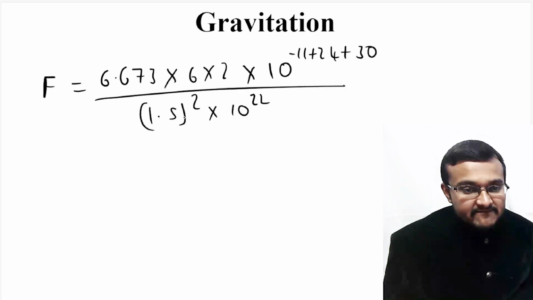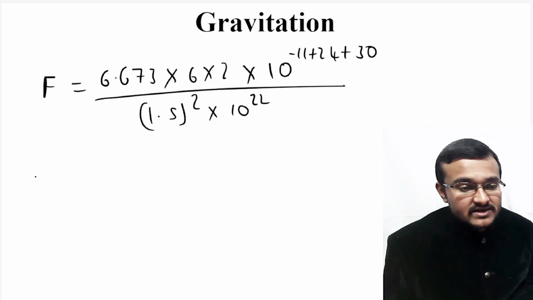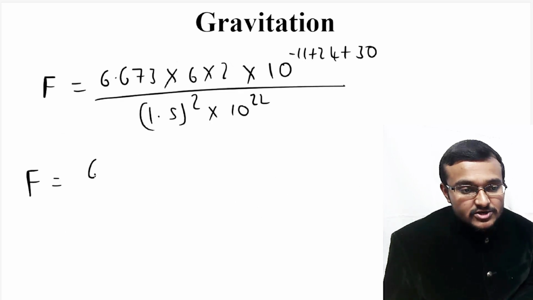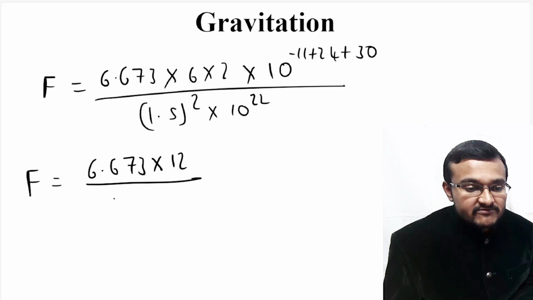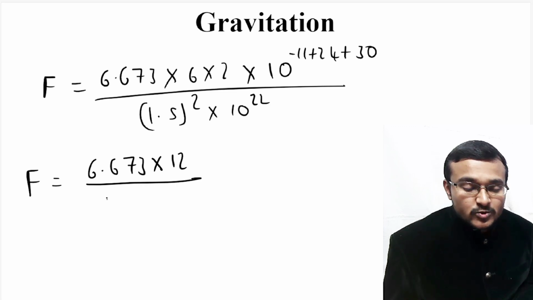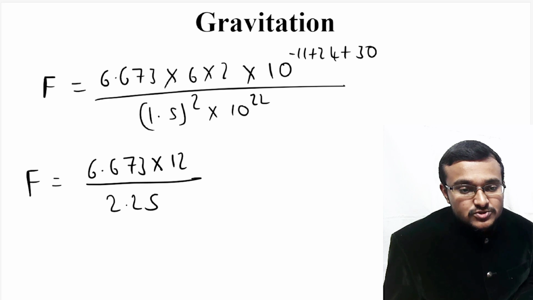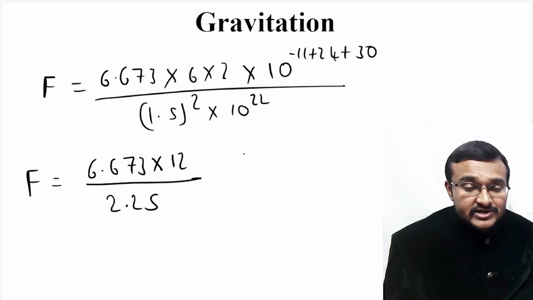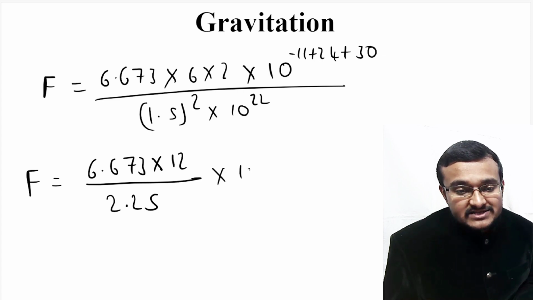So now we have this particular equation. F is equal to 6.673 into 6 into 2 is 12, divided by 1.5 into 1.5. So 15 into 15 is 225. After two decimals you can put the decimal point. So 2.25 into 10 power 22, if you take it to the numerator it will be 10 power minus 22.